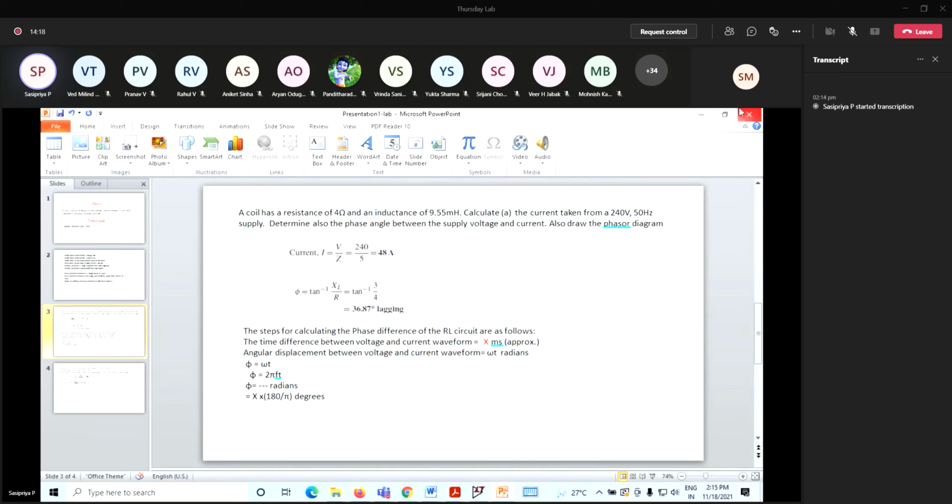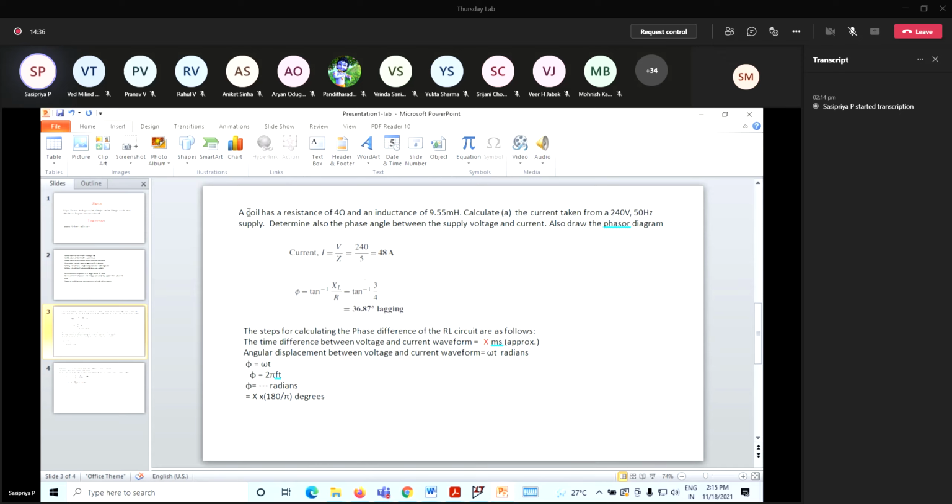Let's take a simple circuit comprising RC in series and RL in series. Two circuits we are going to simulate today, and if possible, the same procedure can be adapted for any circuit.